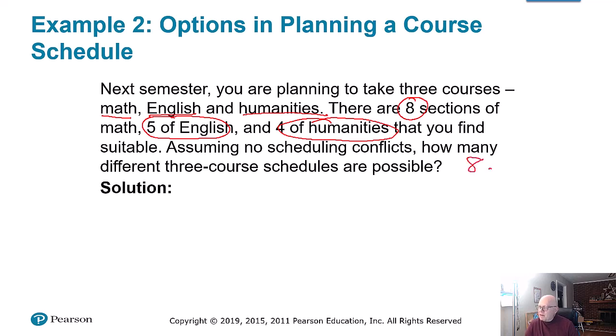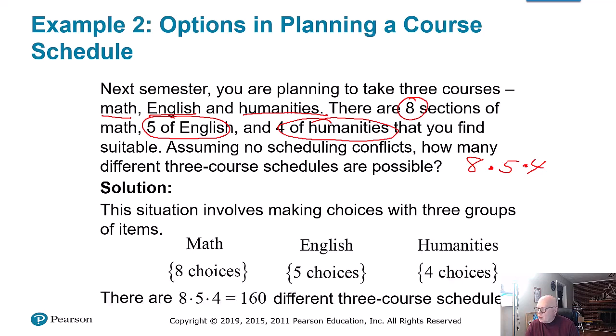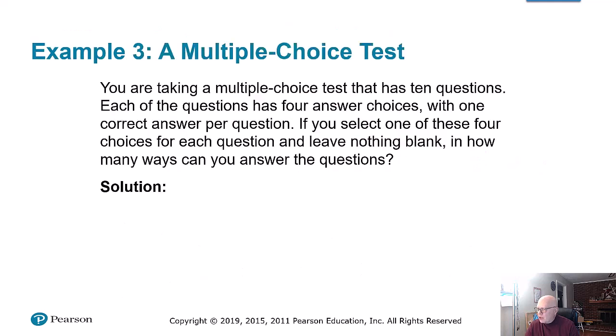How about you taking a multiple choice test? It has 10 questions. Every question has 4 answer choices. You might think of them as A, B, C, and D. You're not going to leave anything blank. You're going to make one of those 4 choices for each of the 10 questions. How can you answer the questions? Well, question number 1, 4 choices. Question number 2, 4 choices. 3, 4.